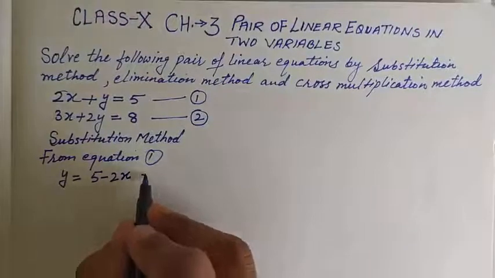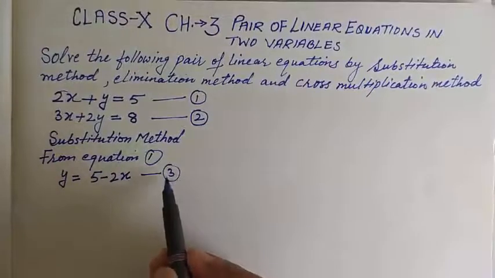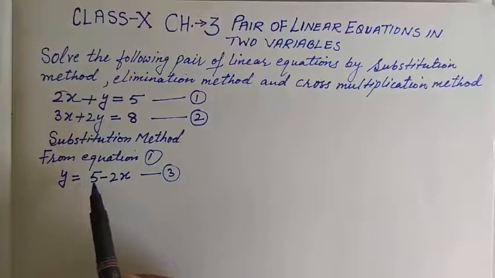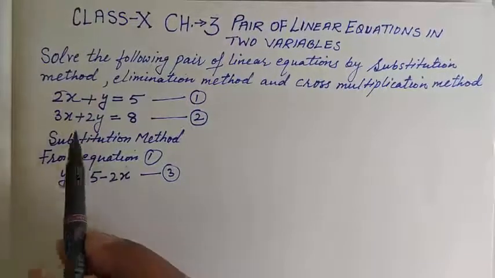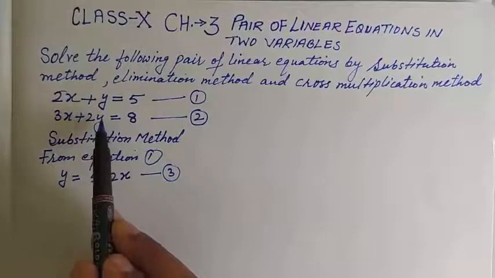So suppose this is equation number 3 now. So what we do, we'll fill this equation 3 in equation 2. It means we have to fill the value of y as 5 minus 2x in this equation number 2. So in place of y here, we will fill 5 minus 2x.